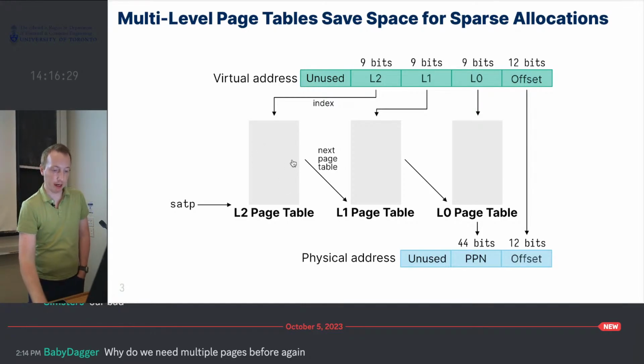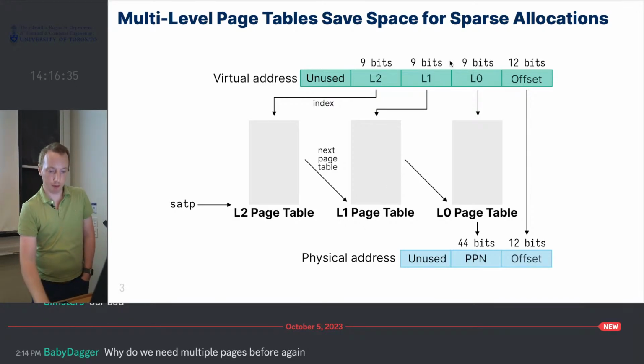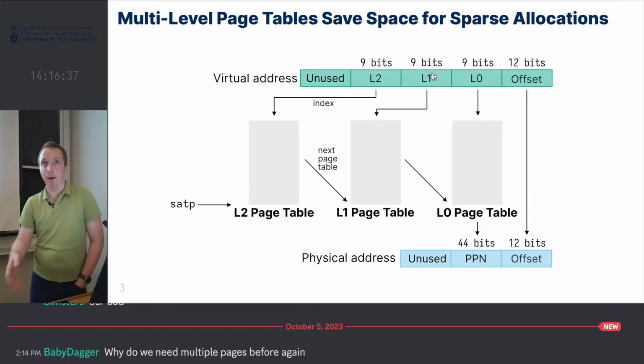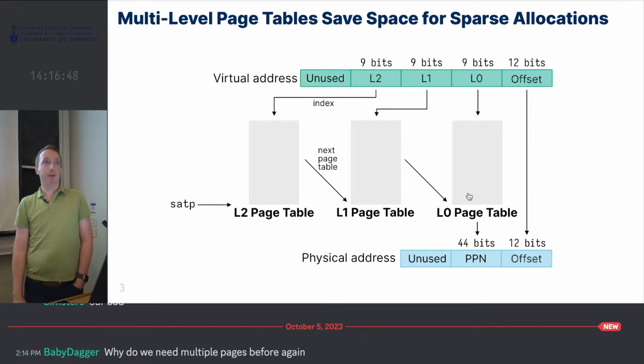So the entry here tells you where to find the L1 page table. And then in the L1 page table, you take this L1 to figure out what index you need to look at to get the entry. And then once you get the entry, it has a physical page number that tells you where to go in the L0 page table. Once you're in the L0 page table, that's the same as we had before.